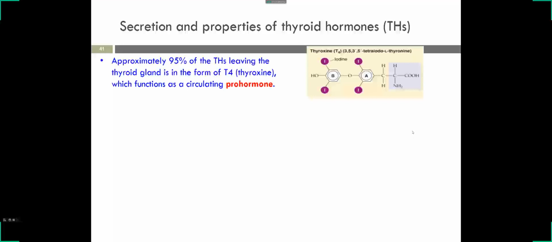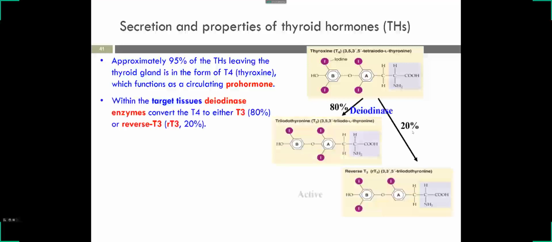Remember that 95% of the thyroid hormones that leave the thyroid gland do so in the form of T4, and it's considered a prohormone. At the target tissue, the deiodinase enzyme converts T4 to T3 or to reverse T3.